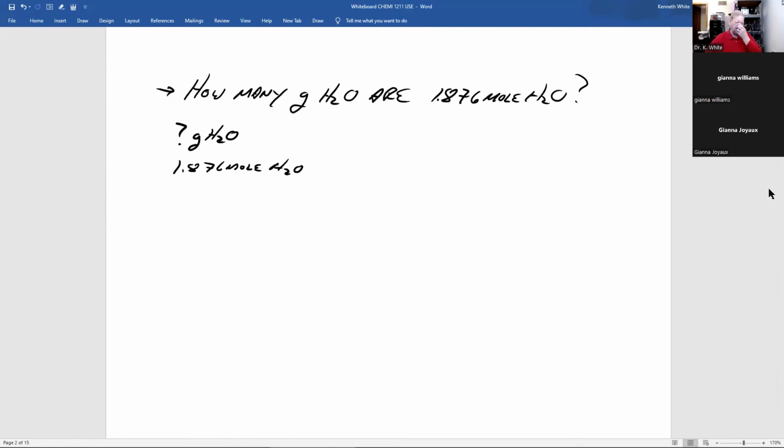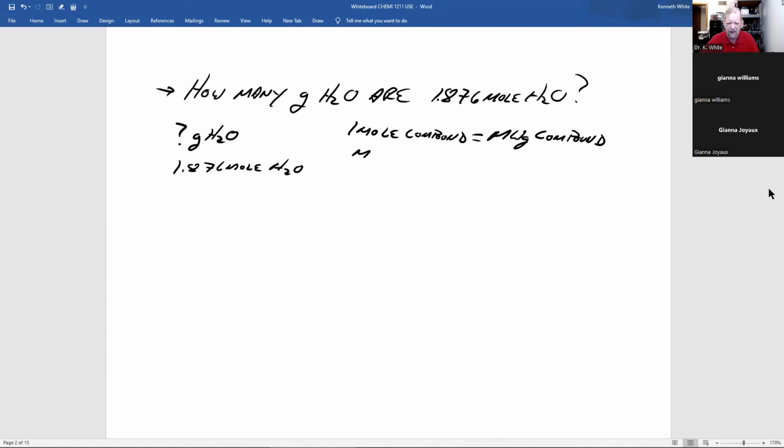Now, as you saw for test number 1, an important piece of information, and I'm writing it here so you can see it: one mole of a compound equals the molecular weight of that compound.